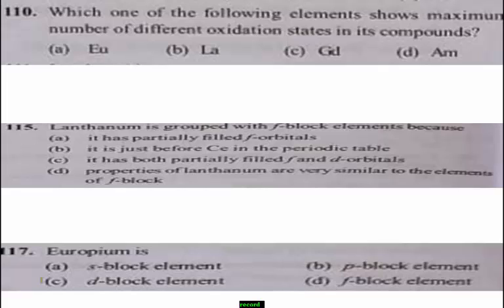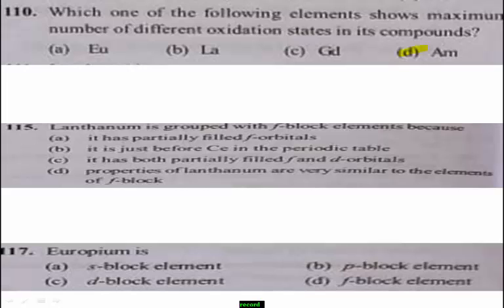Therefore, americium Am has the maximum number of oxidation states among the given options. The correct answer for this question is option D, Am, it shows maximum number of variable oxidation states.